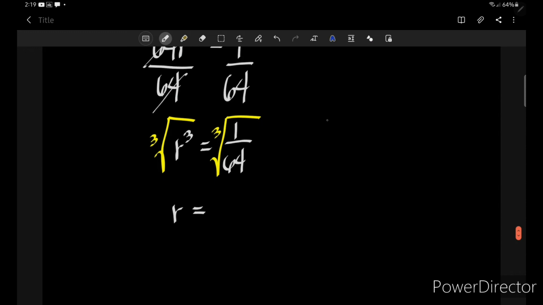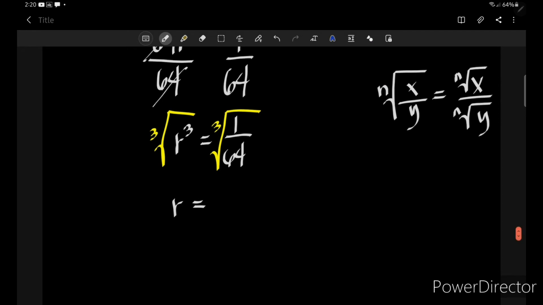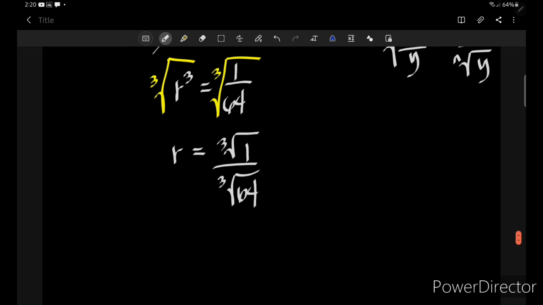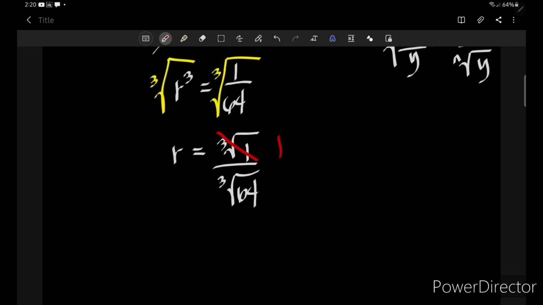Now, by algebra, we all know that, let's say we have an index n, nth root of x over y is equivalent to nth root of x over nth root of y. Now, this is equal to cube root of 1 over cube root of 64. Cube root of 1, we know that this is 1. Cube root of 64, that is 4.